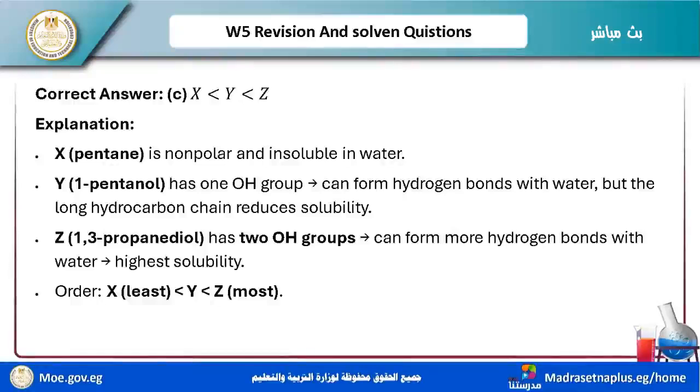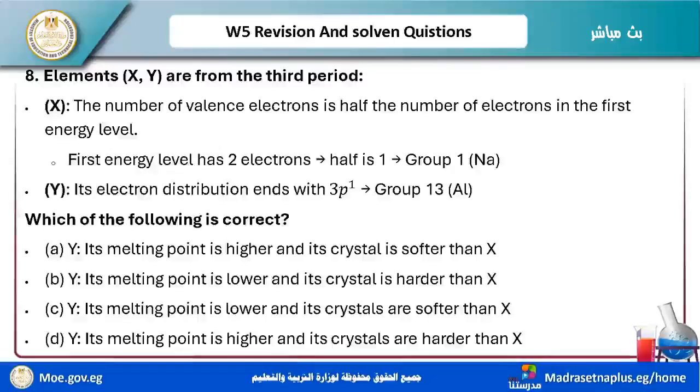So the order is X least, Y more, Z the most. Now, elements X and Y are from the third period.